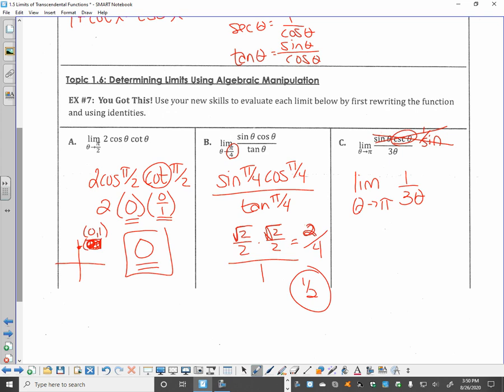Now when I plug theta in, I get 1 over 3 pi and I am done. So use your trig identities anytime you'd like. But remember, you have knowledge of the unit circle. I have trained you well. You can use that to help you solve these so much more directly.